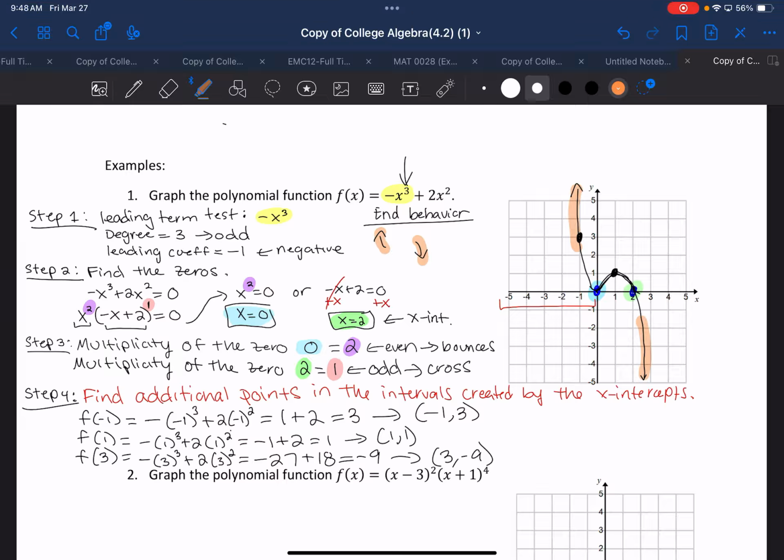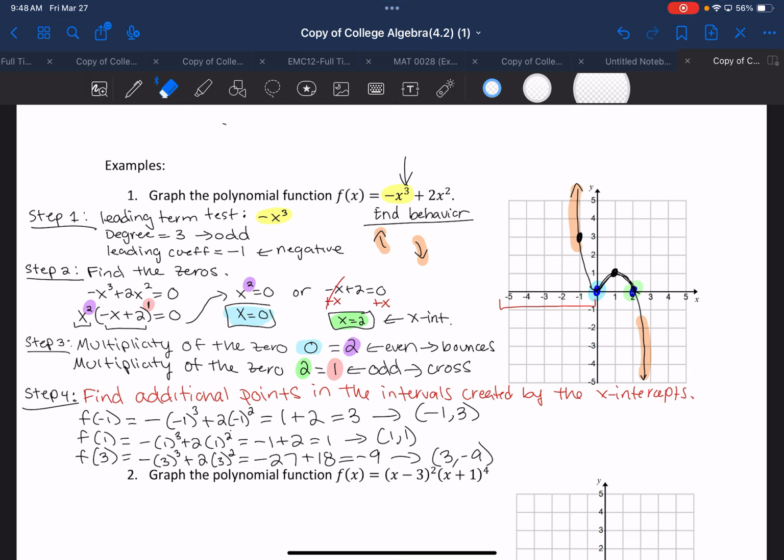What is my y-intercept? 0. So I wouldn't even have to find the y-intercept because it already was one of my x-intercepts. So 0, 0, the origin, is an x-intercept and a y-intercept.